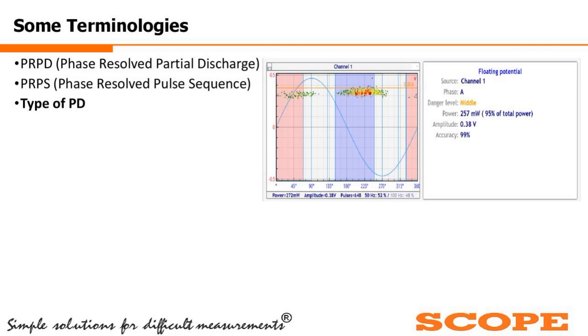My job is easier. So I should look for a system or product which will identify which type of PD it is. Like in this case, this software is giving floating potential, found in channel 1, phase A, the danger level, how much power is getting discharged, the amplitude of that PD or the peak voltage, and the accuracy.